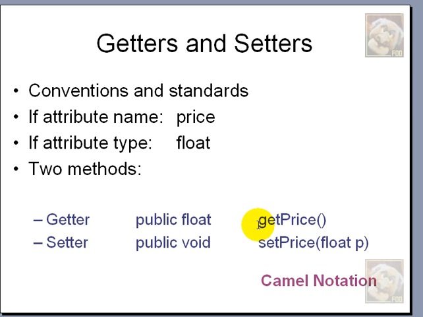Why? Because the first word is always lowercase. From the second word on, we begin with an uppercase letter. We can append more words if we wish, but each one of them must start with an uppercase letter. So giving the impression of a first letter bump, second word first letter bump, like a camel hump.